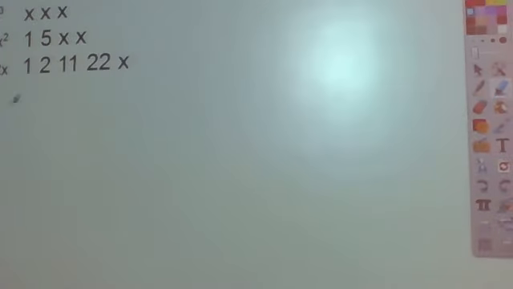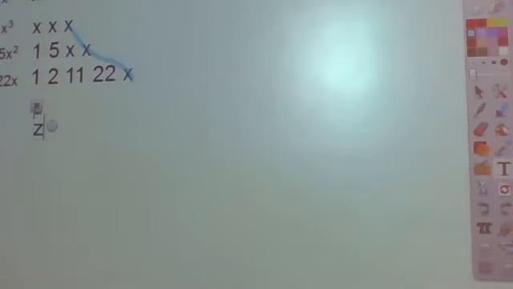And 22 is 1 times 22, or 2 times 11, and there's 1x behind it. I forgot the 1 here, sorry. So if you look at this, what's the only common term? Oh, x. Just an x.